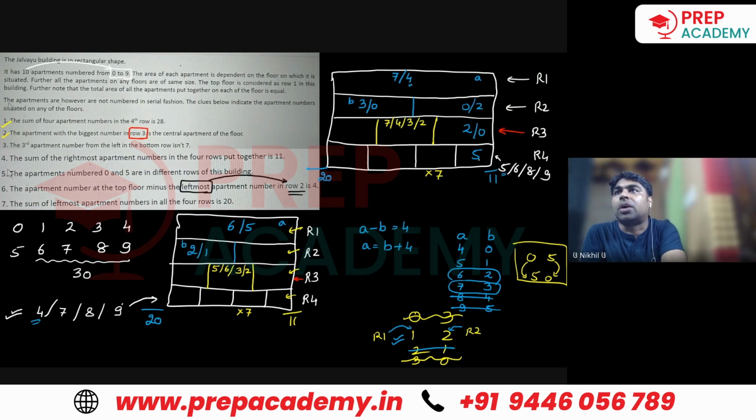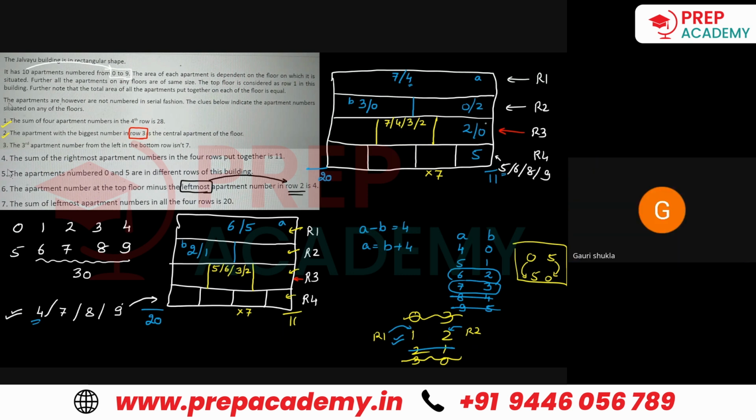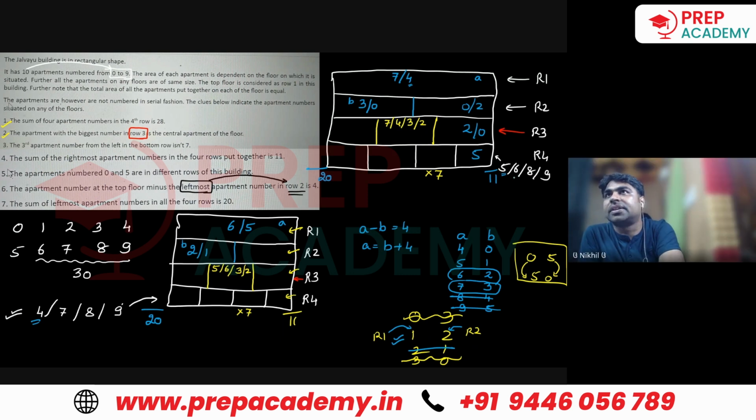Now, if 7 is here and 5 is here, it would be a 12. Not feasible. If I take 6 here and 7 here, obviously that is also not feasible. So can I say that 7 at all is not feasible here? Because when I'm taking the minimum number on the R4 and I'm taking 7 here, only the summation of 5 and 7 is becoming more than the summation of all the 4 which is possible.